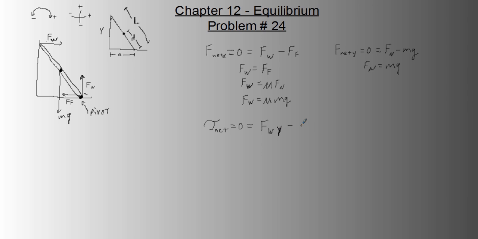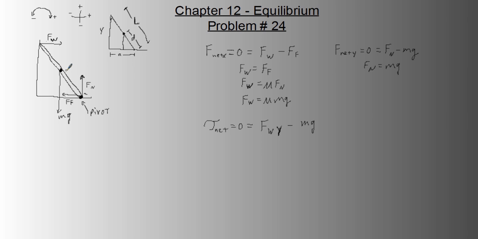And then minus mg, because this is our other force, and it's going to make it rotate counterclockwise. Minus mg. And if I make this little triangle here, the mg is down, so the perpendicular is left or right, and the pivot point is to the right of mg.